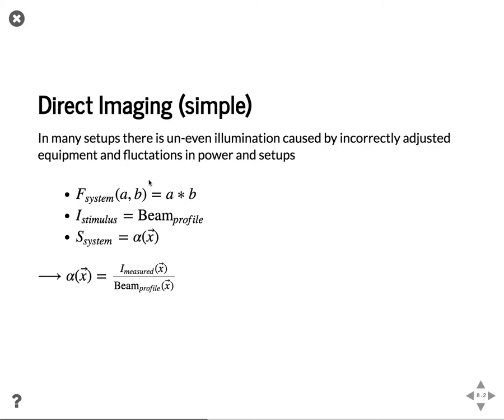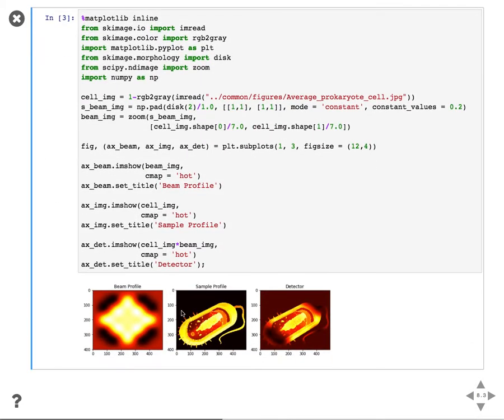Your system is simply multiplicative, your stimulus is the profile of the beam, and what you're looking at in the sample is this alpha term. The alpha term is basically your measured signal divided by your beam profile. And if we take this sample like before, and we have a beam profile that's not constant, we end up with an image at our detector which is not constant.